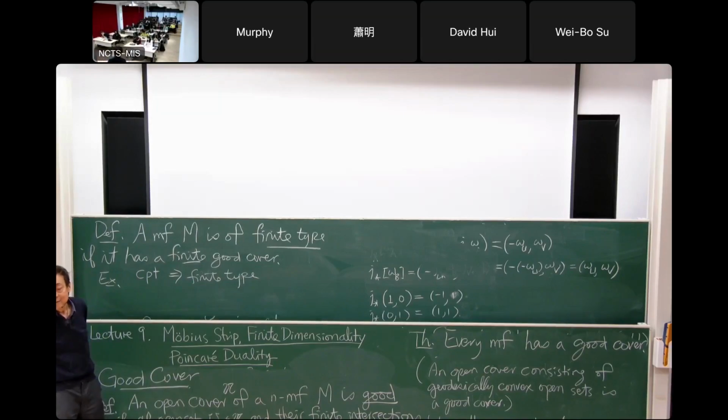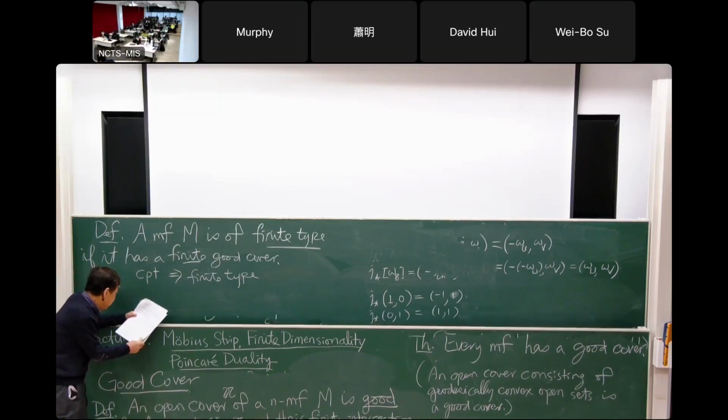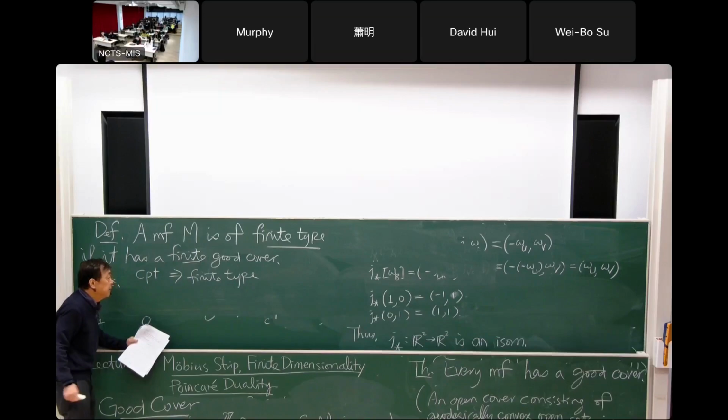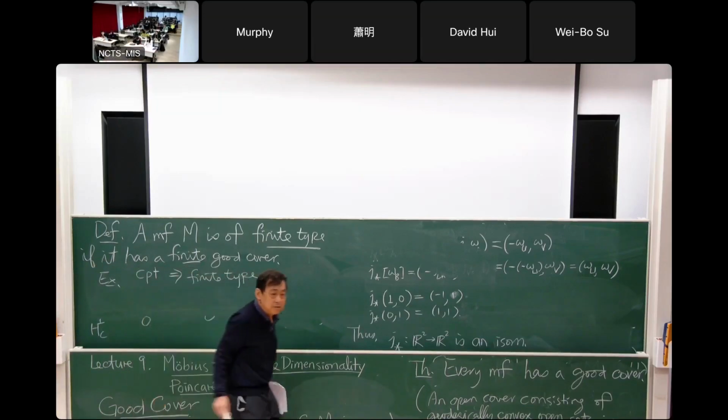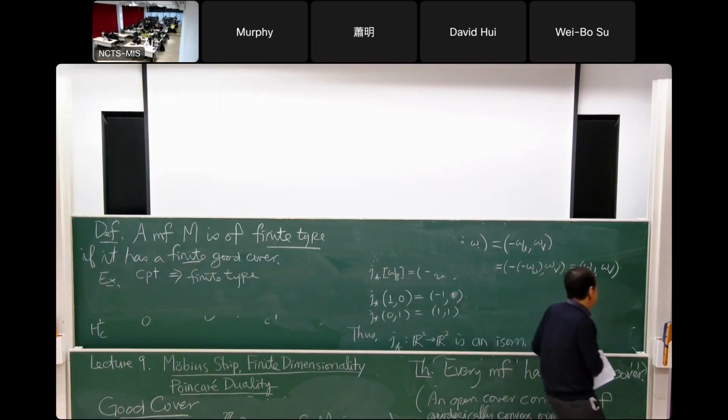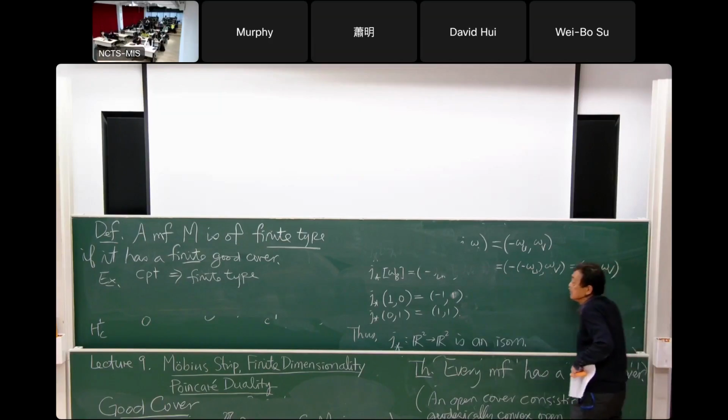Rn is not compact, but it is of finite type. And then the theorem is that the cohomology of a manifold of finite type is finite dimensional.